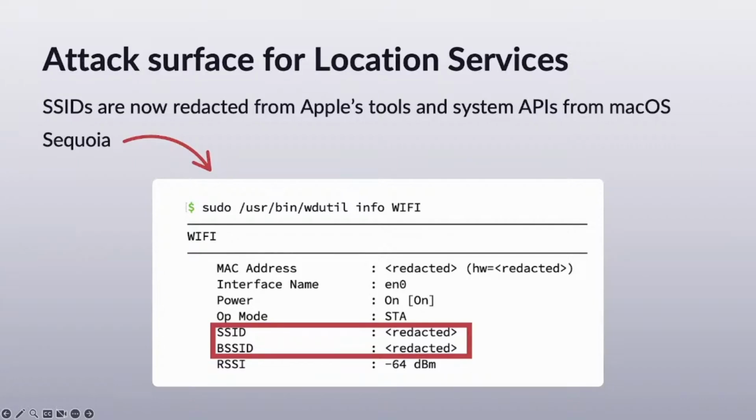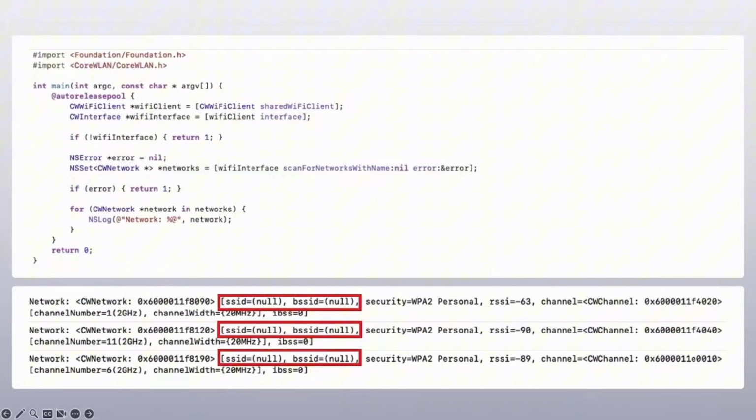If you grant wdutil location services permission, you will see that. So this is an interesting change. Of course, when I observed it, I wanted to bypass it. So I created some Objective-C code that usually was able to get the SSID and BSSID.